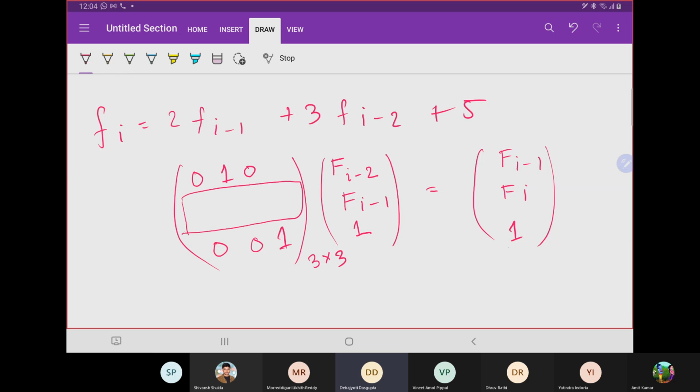What will be the middle row? The middle row is now basically our transformation row, so I will be following the above recursion. It says 2 into f of I minus 1, so 2 into the second term, 3 into f of I minus 2, which was the first term, and 5 into the constant, 5 into the last term. So you see 0, 1, 0, 3, 2, 5, 0, 0, 1.